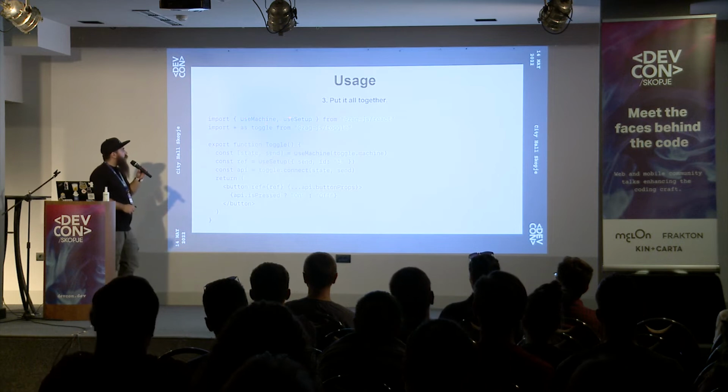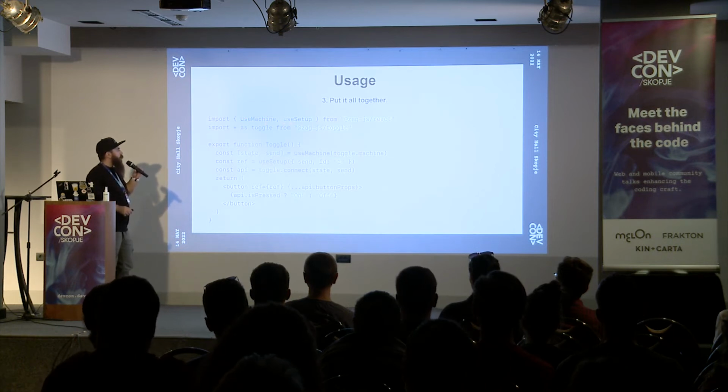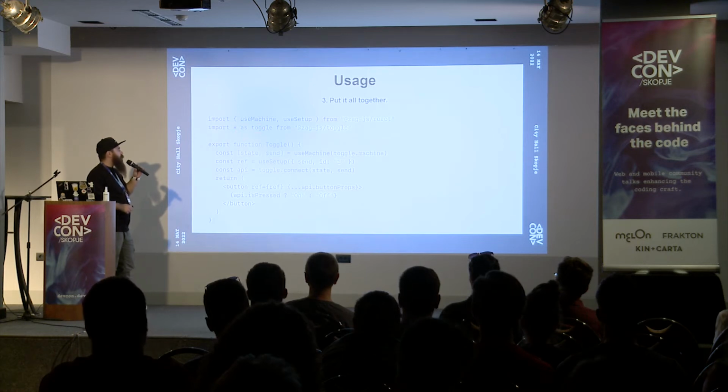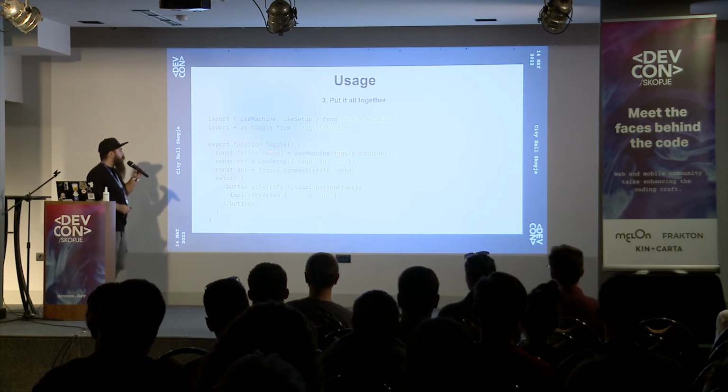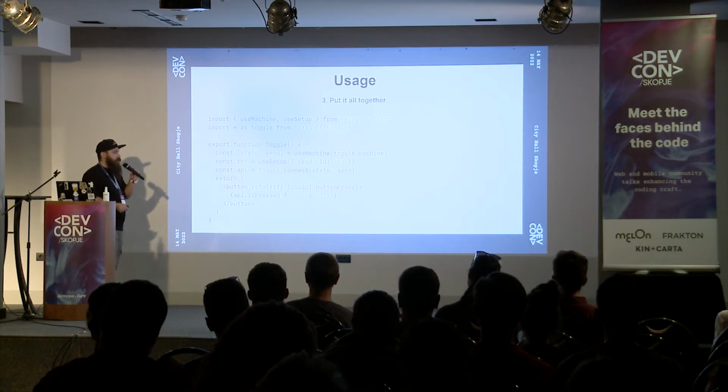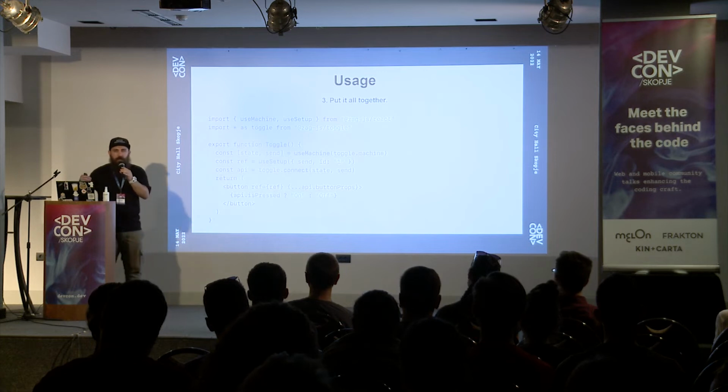We have the use machine and the use setup from the adapter, and we import the toggle machine, but it's everything actually, from the Zag.js toggle. Inside of our component, we can use the use machine hook and pass the machine, and then we can obtain the state and the send method. The state is the actual state that the machine is currently in.